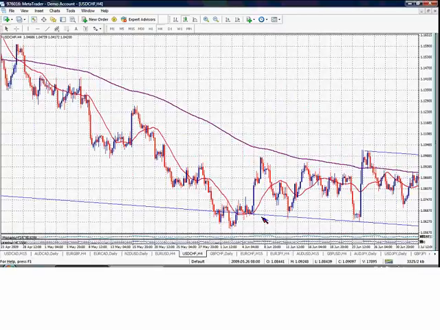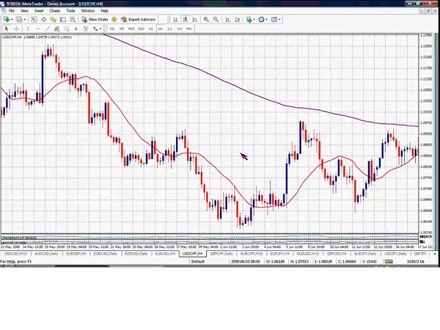We see them everywhere. Here we have, let me mark it and enlarge it for you. This is what we call an inverted head and shoulders. It's exactly the same as a head and shoulders, of course, but it's at the end of a bearish trend, inverted to the other one we were talking about.